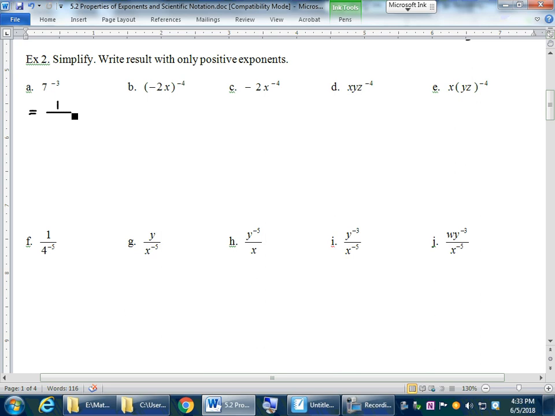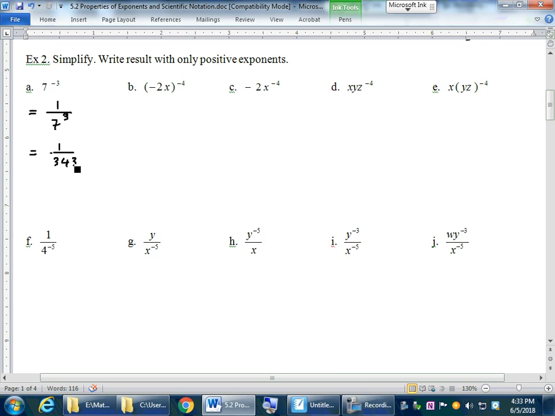So it will be 1 over 7 to the 3rd power. Now, computing 7 to the 3rd power with your calculator, or if you memorized it, that's very good, it is 343. I would recommend you memorize some of them.